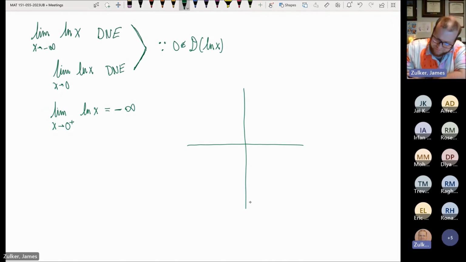So remember, this is the graph of natural log of x.